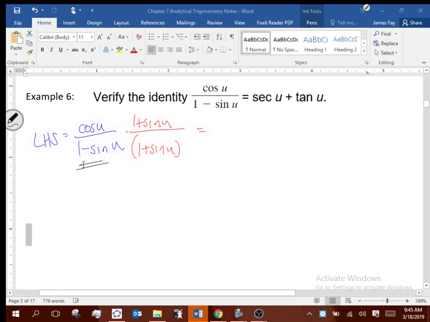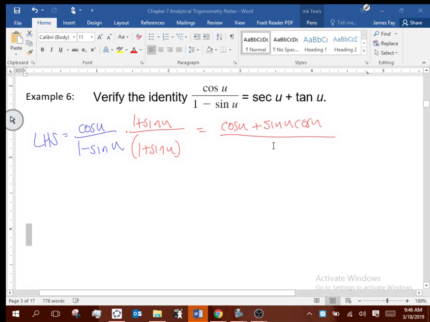Is it relatable to that? What is it compared to that? What's the vocabulary word for that? Not opposites. Starts with a C, and you do it in English. Conjugates, right? Okay. So if I multiply, I get cosine u plus sine u, cosine u up top, right?